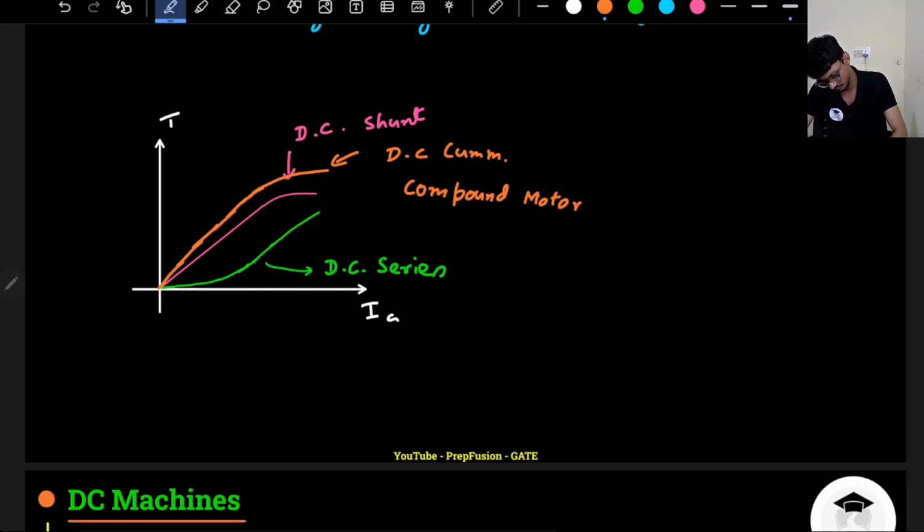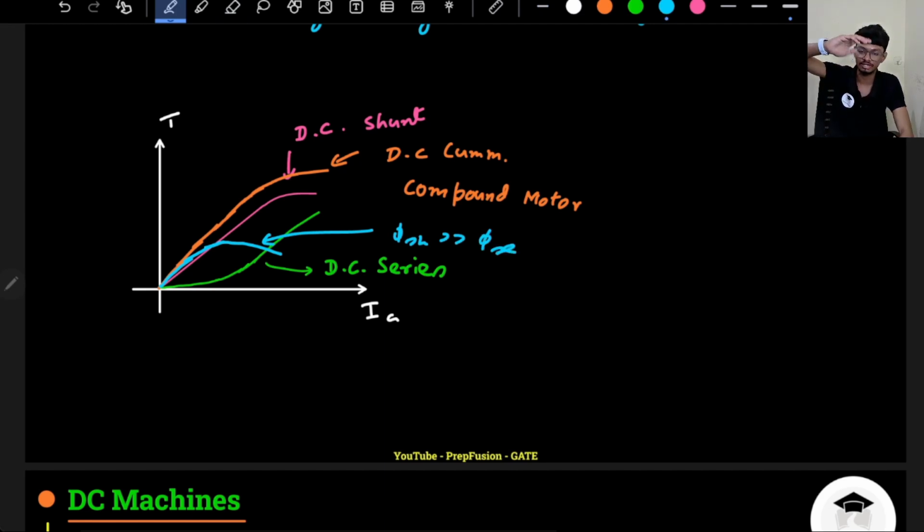So what will happen here is that it will increase, then again it will reach a point where the increase of the current will be lower than the decrease of the flux, so it will just die down like this. Here phi SH is much larger than phi series, and hence whatever is the increase of the current, that is not sufficient to change the direction of the torque.